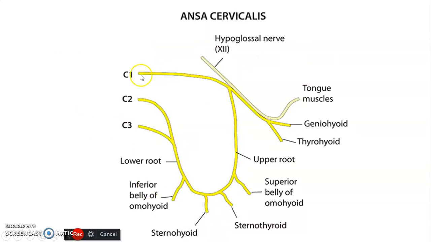Again, C1 follows the hypoglossal nerve, but before the hypoglossal nerve enters the tongue muscles, C1 leaves it and divides into the nerve to geniohyoid and nerve to thyrohyoid, and it also forms an upper root of the ansa cervicalis that will innervate the strap muscles: inferior belly of omohyoid, sternohyoid, sternothyroid, and superior belly of omohyoid. So ansa cervicalis is formed by C1, C2, C3, but C1 hitchhikes on the hypoglossal.